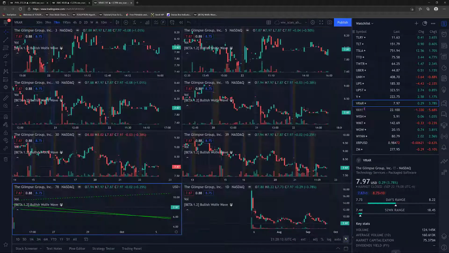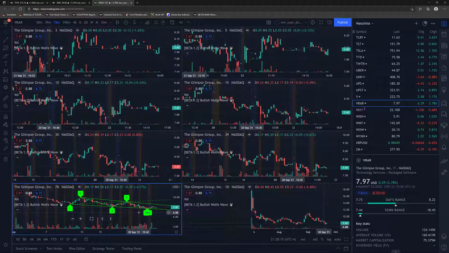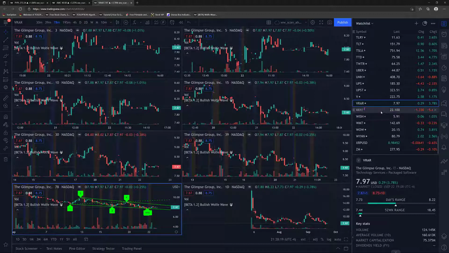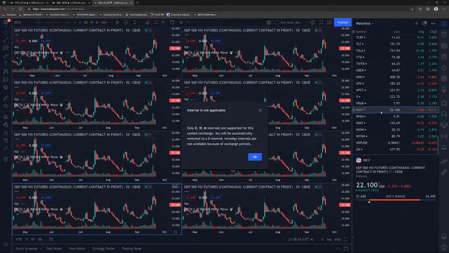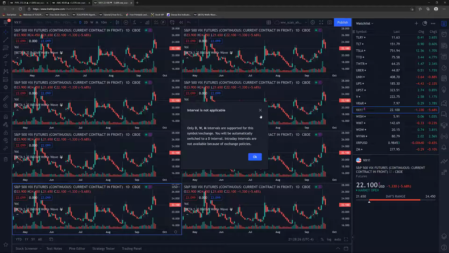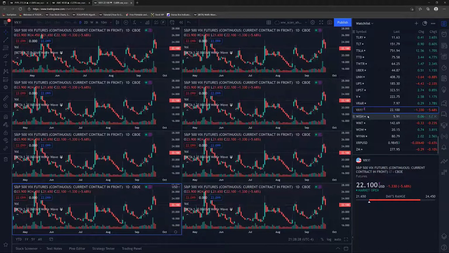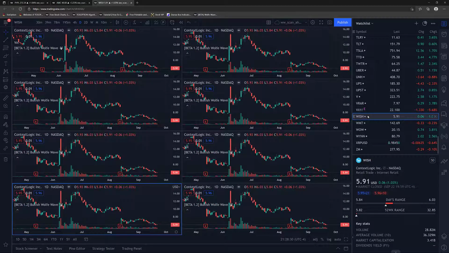Okay, so going back to the drawing board. So that's Control-Alt-Q, gets it back to its original screen scale. VIX. What is that? Wish. Oh no, what happened to my time frames? They all disappeared.